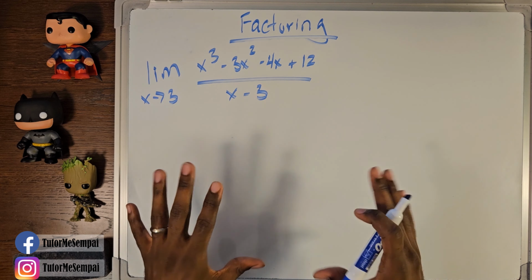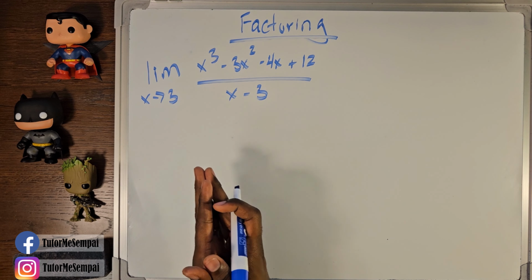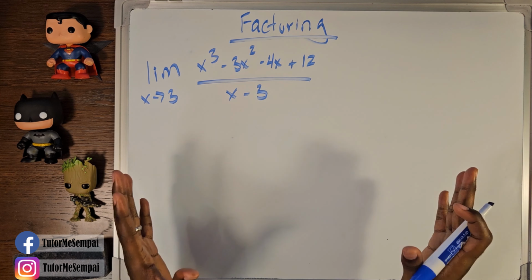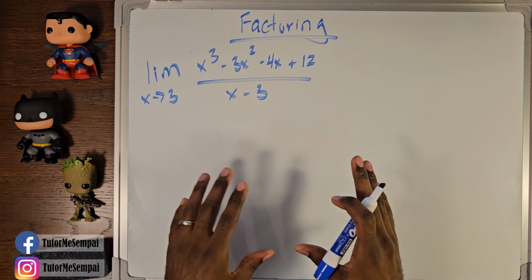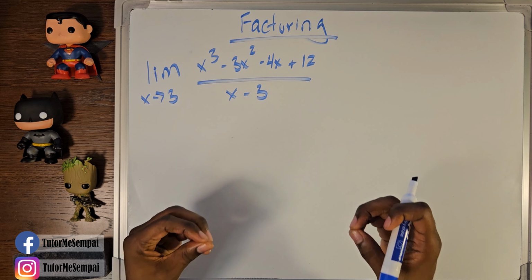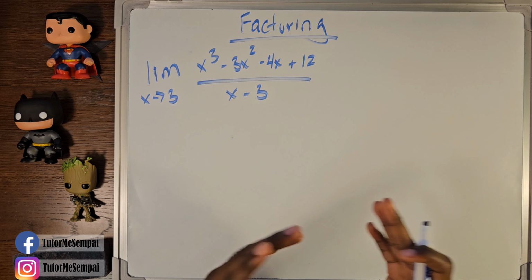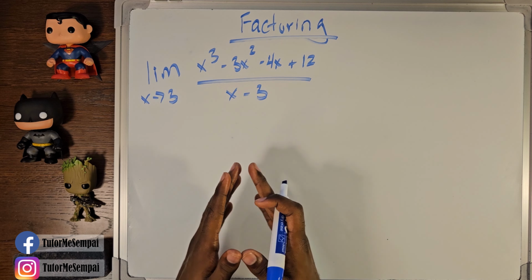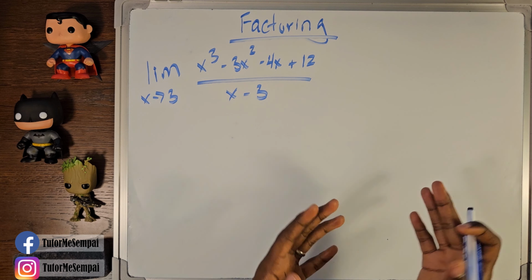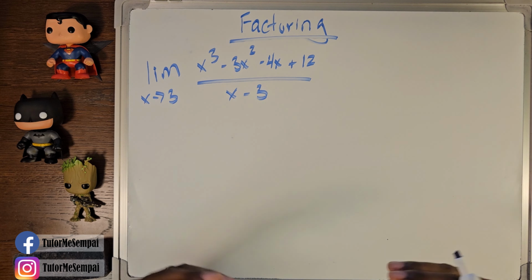So this video may actually end up being more a review or a refresher for most, but it's still fine. I want you to be more familiar with how to simplify some functions that may not be terribly obvious at first glance. So the first mode that we're going to be looking at is factoring. Then we're going to be moving on to using your common denominators, and finally using your conjugates.